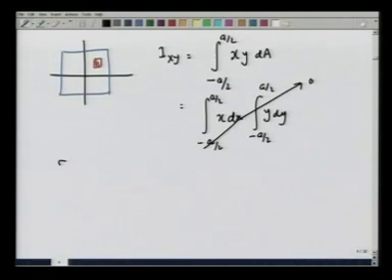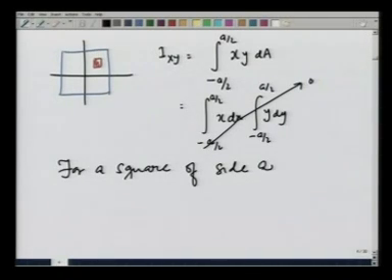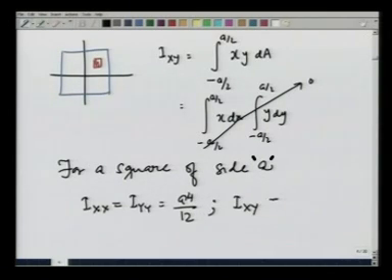So, for a square of side a, I xx equals I yy equals a raised to 4 over 12, and I xy equals 0.